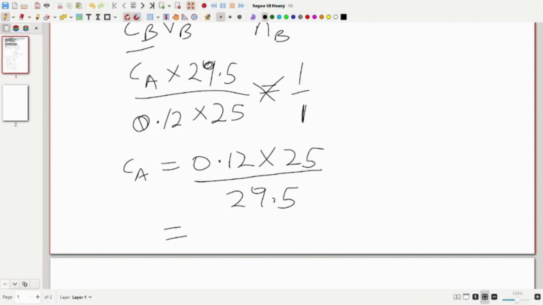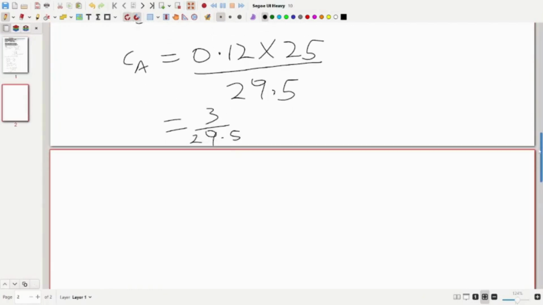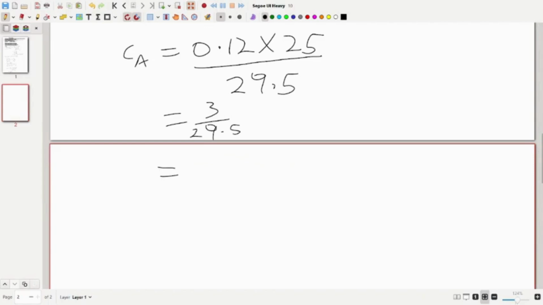So we'll end up with 3 divided by 29.5, which is equal to our Ca, the concentration of the acid, 0.10 mol/dm³.